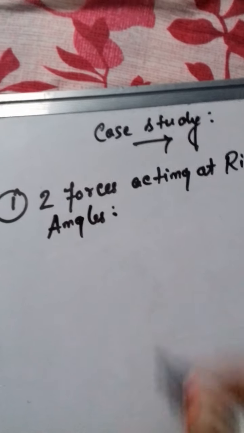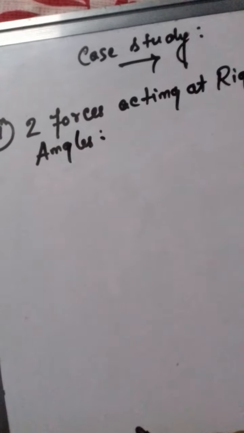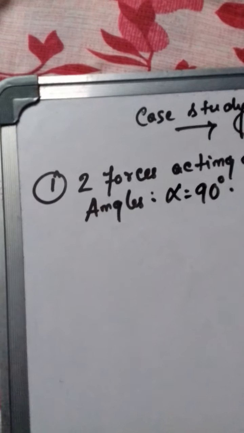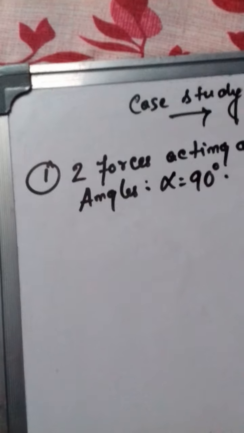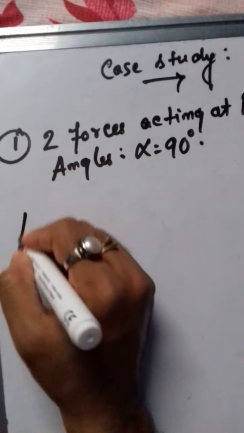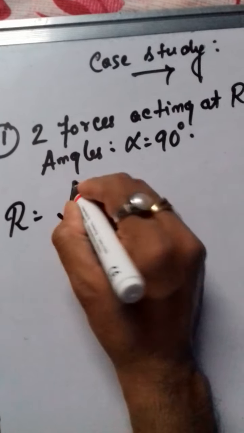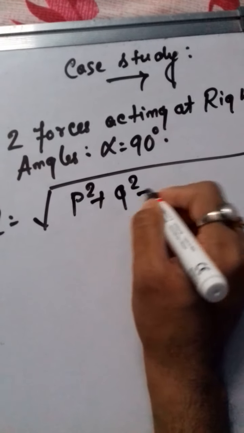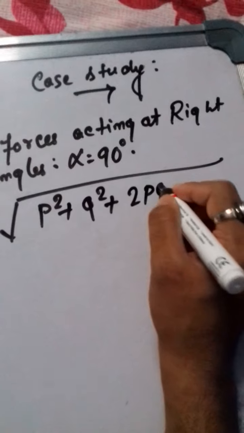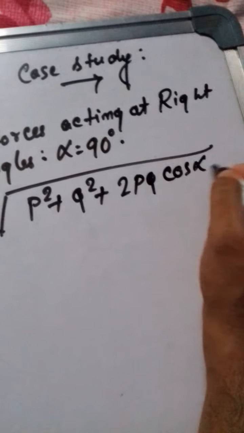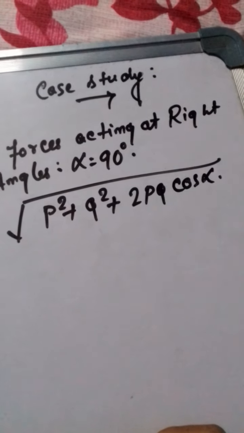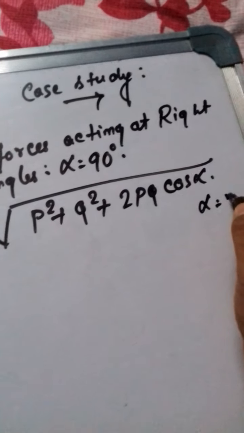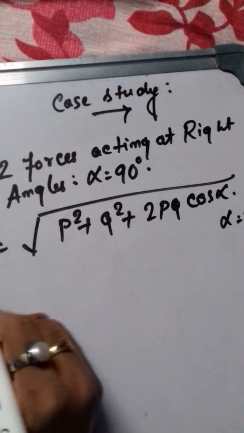Now if the two forces are acting at right angles, the value of alpha will be equal to 90 degree, right? Now we know the equation is given by R is equal to root over of P square plus Q square plus 2 into P into Q cos alpha. Now alpha is equal to 90 degree, so just substitute alpha equal to 90 degree. So what will you get?